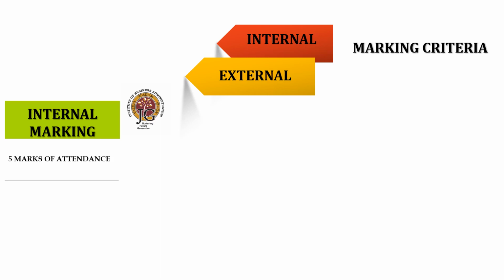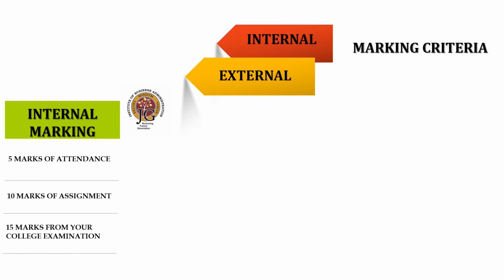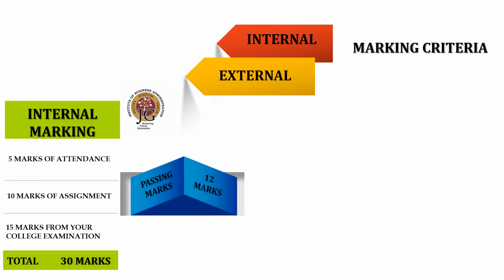If you are submitting assignments, you are going to get 10 marks, and 15 marks will be counted on the basis of the performance in the college examination. So the total will be 30 marks. Out of these 30 marks, a student must get 12 marks as the passing criteria.